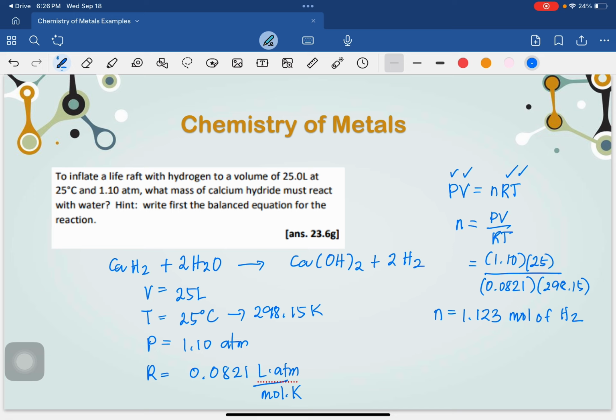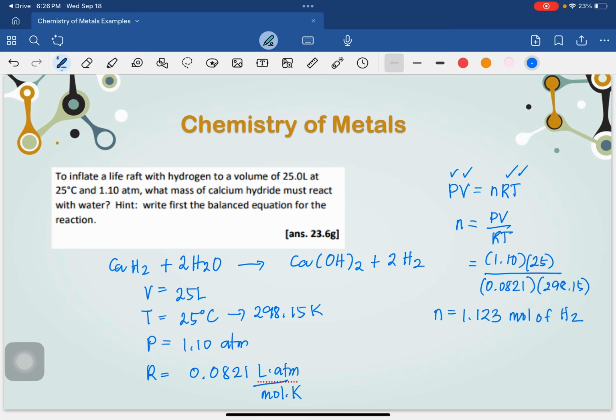So what's next? We can use the mole ratio. We check the original balanced equation, and we can see that here our n is 1.123 moles of hydrogen gas. So how many moles of CaH2?